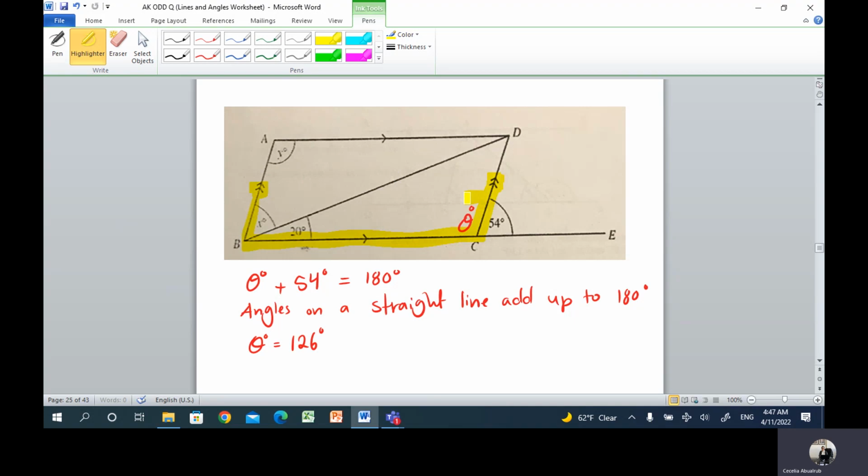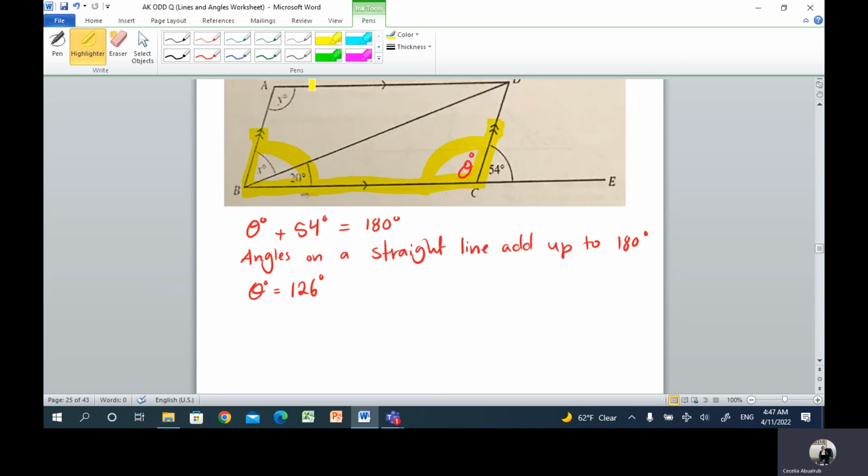Can you see this angle here and this angle here? They are co-interiors, and this angle that is a co-interior to theta is formed by x and 20. So this one is x plus 20, right?